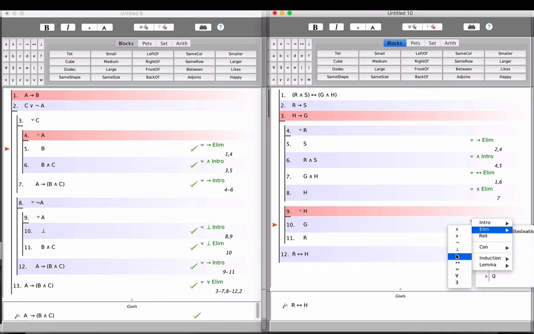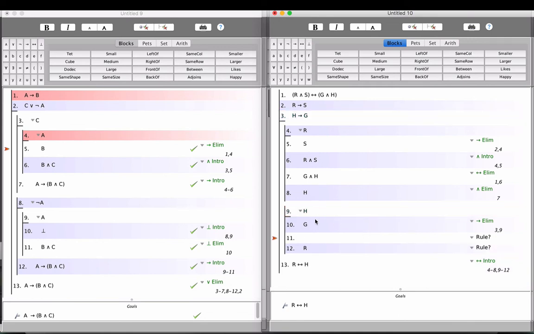And remember, the rule should pop up to your right of the drop-down menu, but because I've pushed Fitch far over to the right-hand side of my screen, it's covered. But you can always see the rule form there as well. So conditional elim. Now I'm going to need to generate G and H so that I can dismantle line 1 yet again to get R and S, so that I can dismantle R and S to get R.